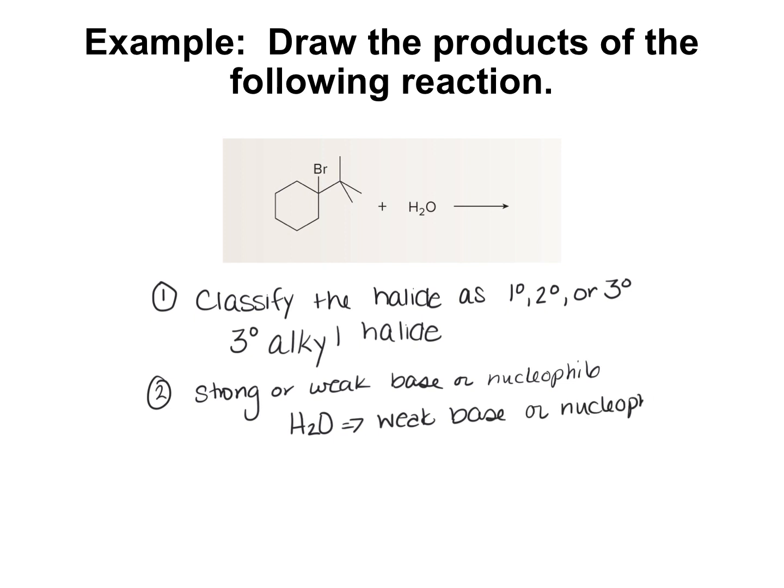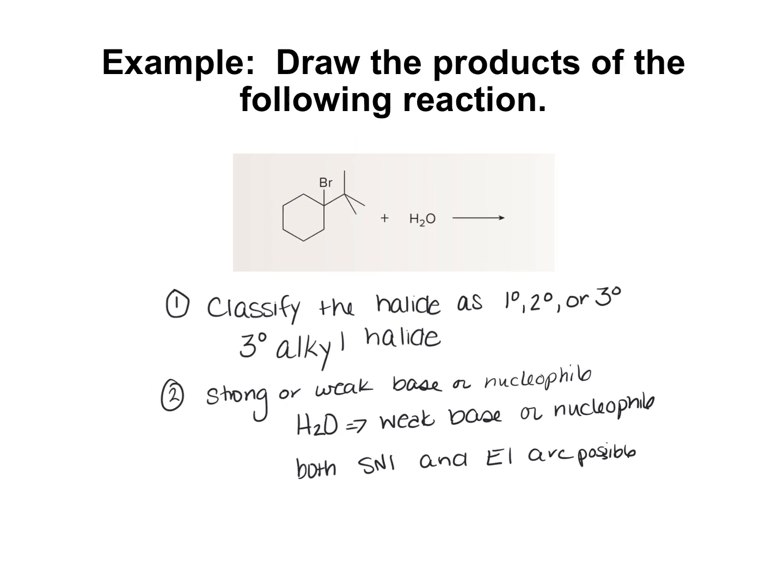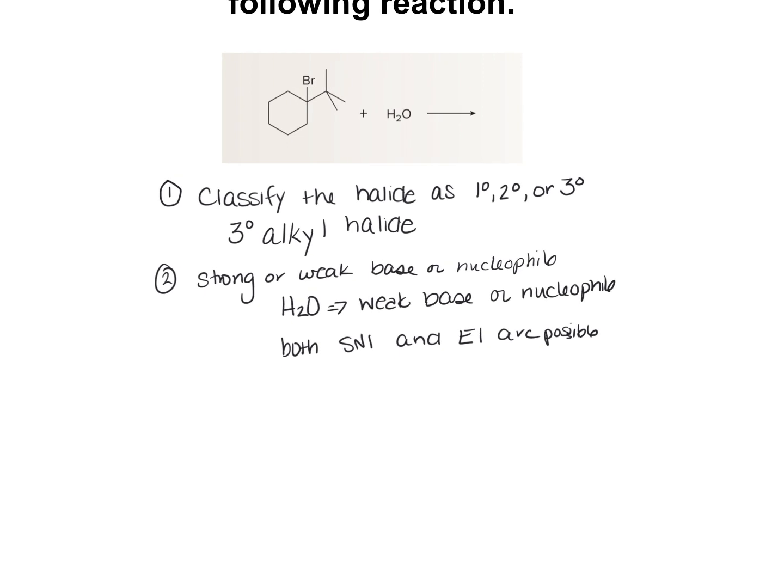And so these two pieces of information point me in the direction that both SN1 and E1 are possible. So if I were asked to show the mechanism, I would show SN1 and E1 mechanisms.